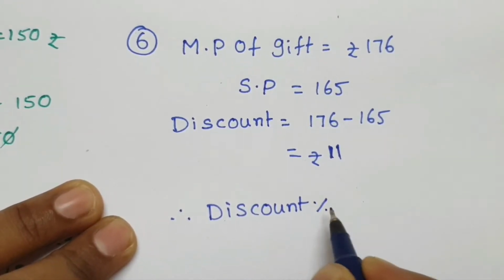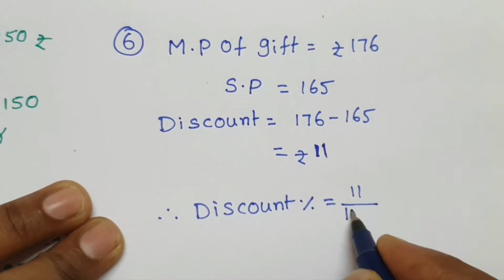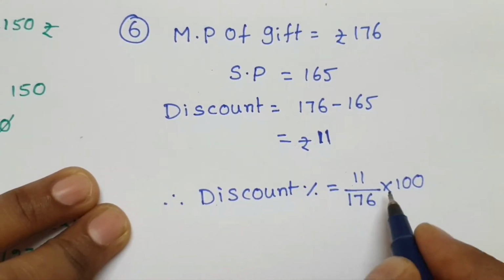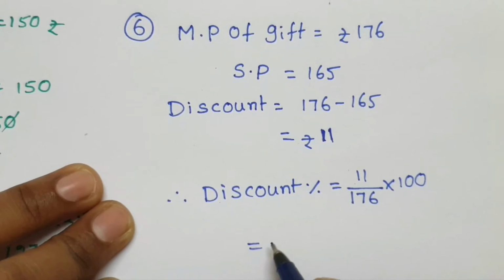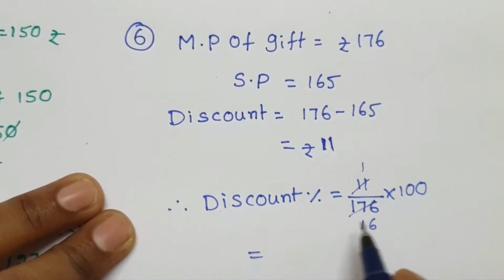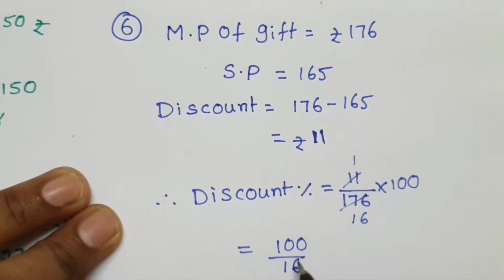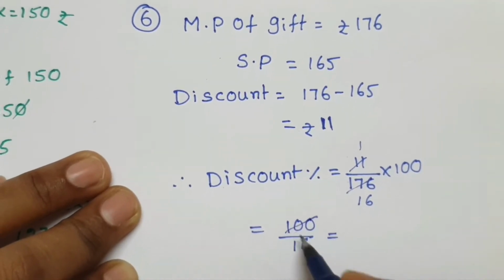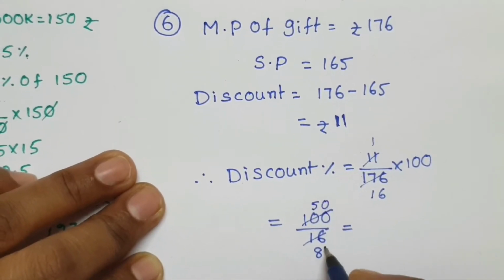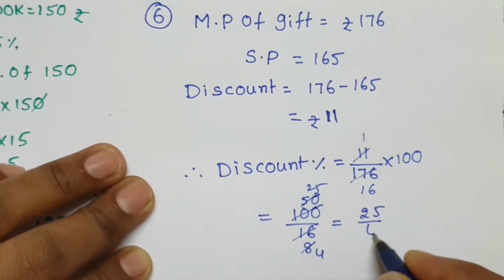For that they are asking the discount percent. Discount percent equals discount by MP into 100. Here 11 by 176 into 100. Cancelling 11 ones, 11 sixteens, we get 100 by 16. Again cancelling by 2, then 2 again: 25 by 4.